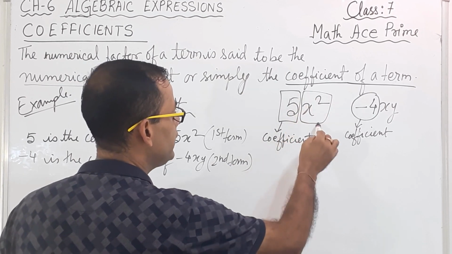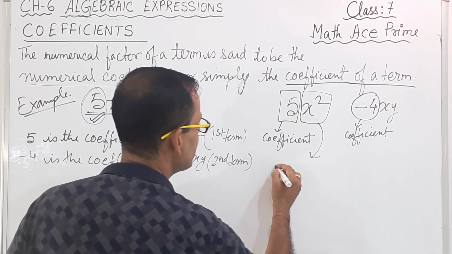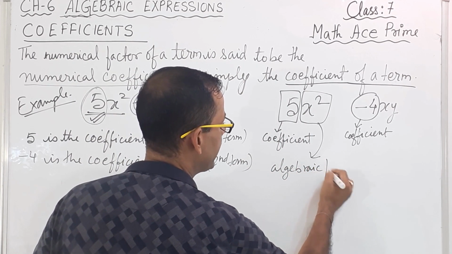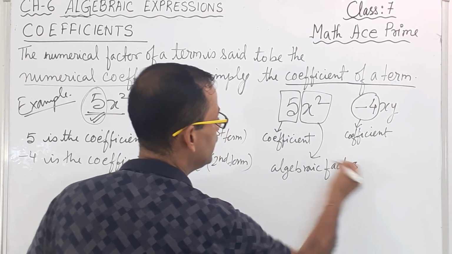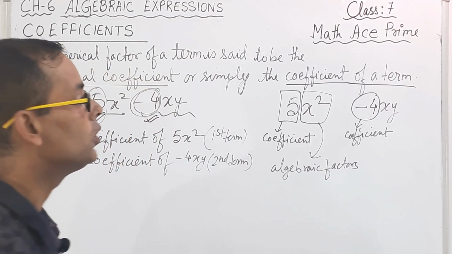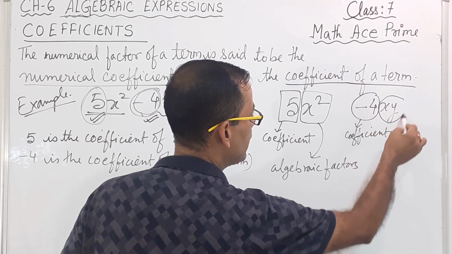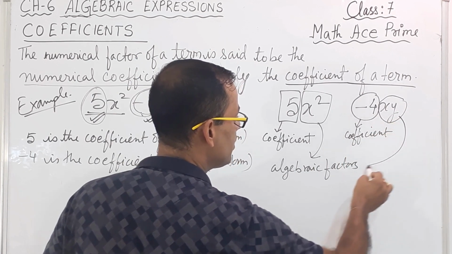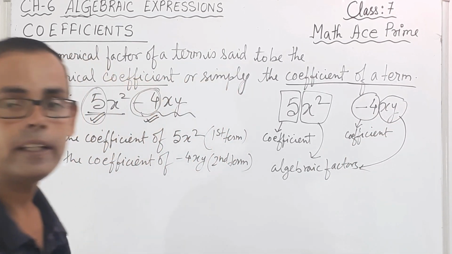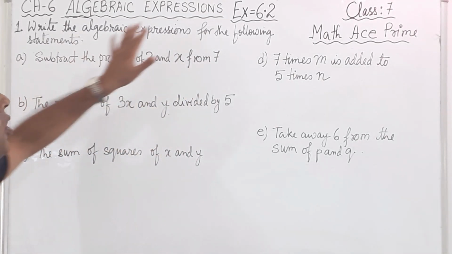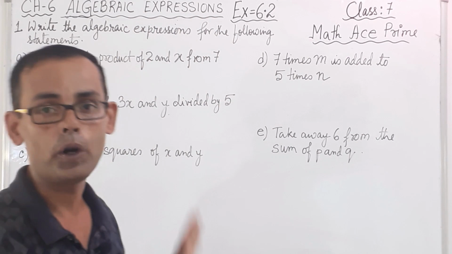This x square is known as the algebraic factor. Many students don't know this. If this is the coefficient, then the rest, here xy, is known as the algebraic factor.